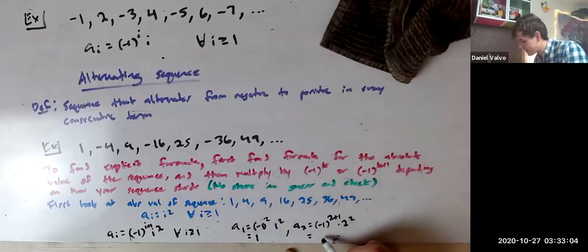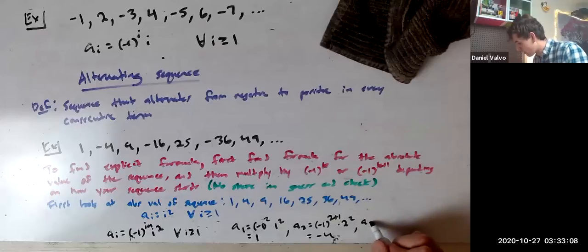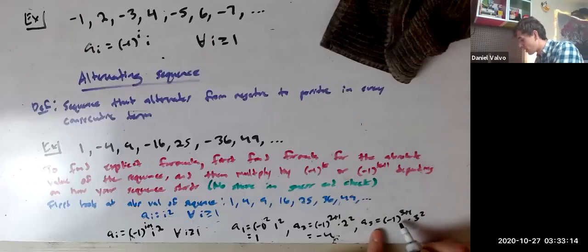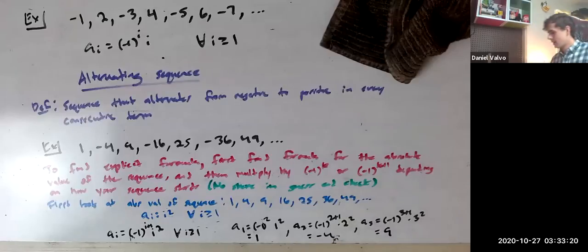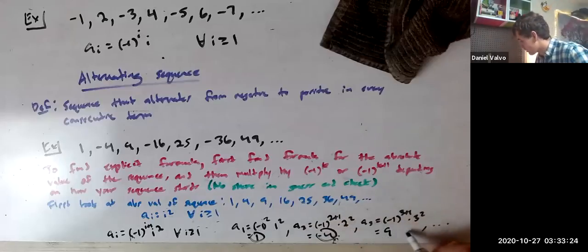Negative 1 to the 3 is negative 1 times 2 squared is 4, negative 4. a3 is negative 1 to the 3 plus 1 times 3 squared. Negative 1 to the 4, negative 1 to an even is always going to be 1, times 3 squared is 9. And it goes on like that. The point is this successfully recreates our sequence.